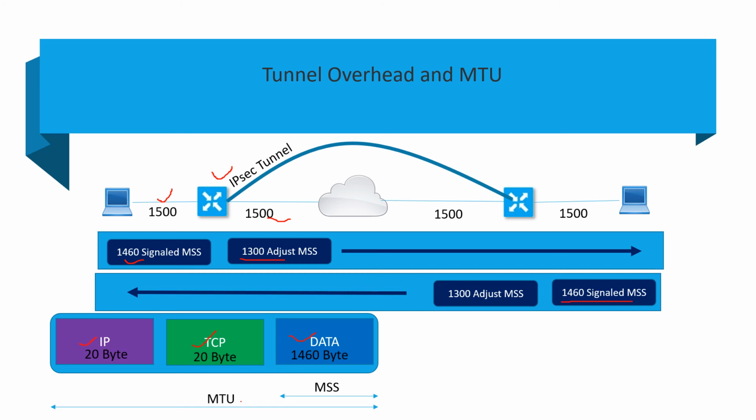And a similar thing happens: the remote host is going to signal 1460 based on the Ethernet, and this SD-WAN is going to adjust it to 1300. So when they both receive the adjusted MSS value, they agree on a 1300 MSS value, which can be transferred over this IPsec tunnel.